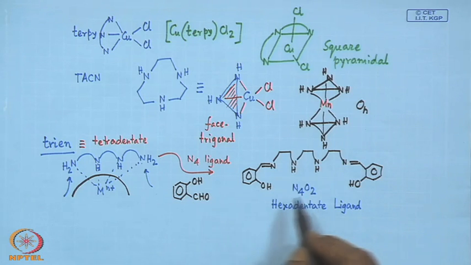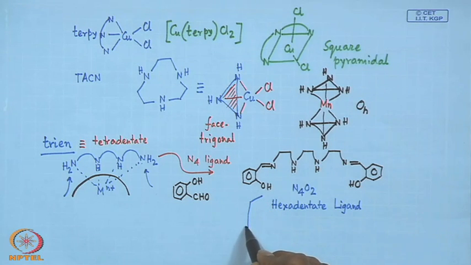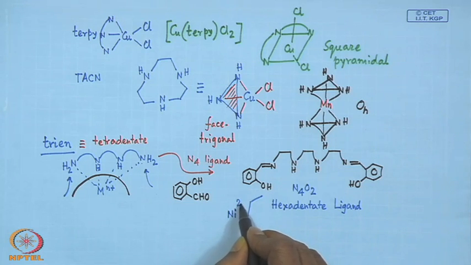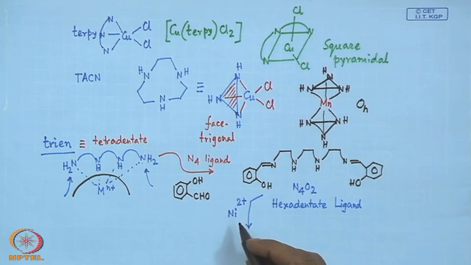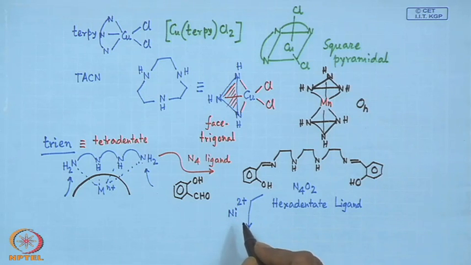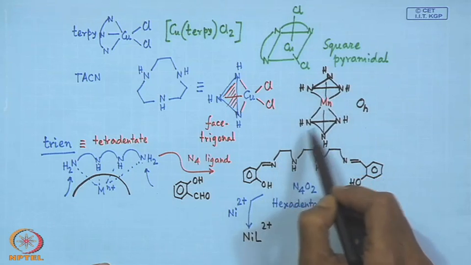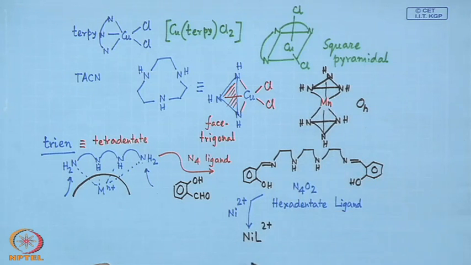and this hexadentate ligand can bind very nicely with any 3D metal ion or 4D metal ion or 5D metal ion also, say with Ni2 plus, giving Ni2 plus as the corresponding perchlorate or acetate salt as a simple NiL2 plus complex, where all the 6 positions are occupied in octahedral fashion, where the manganese will be substituted by this particular nickel center.